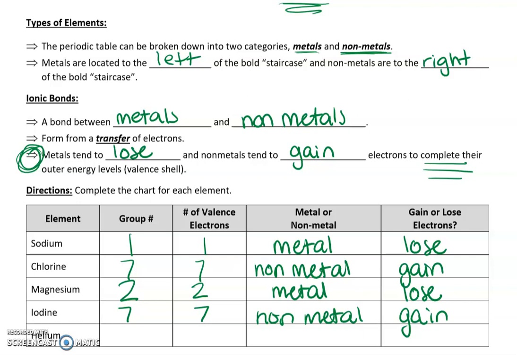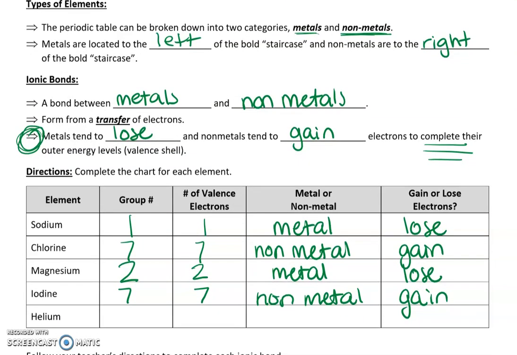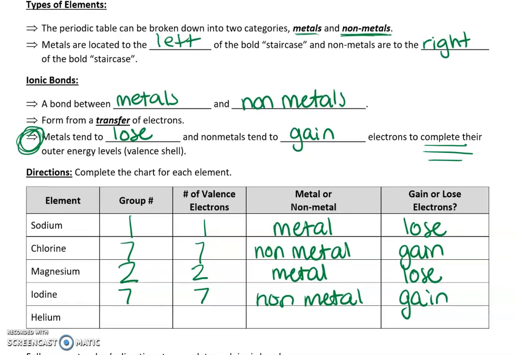The last element in our table here is helium. If you were to find helium on your periodic table, you would notice that it is in group 8. But if you remember, helium is one of our special elements that has some rules that are not consistent with what we see in other elements. It's in group 8, but it only has 2 total electrons, and it has 2 valence electrons, but those 2 complete a full outer shell for it.